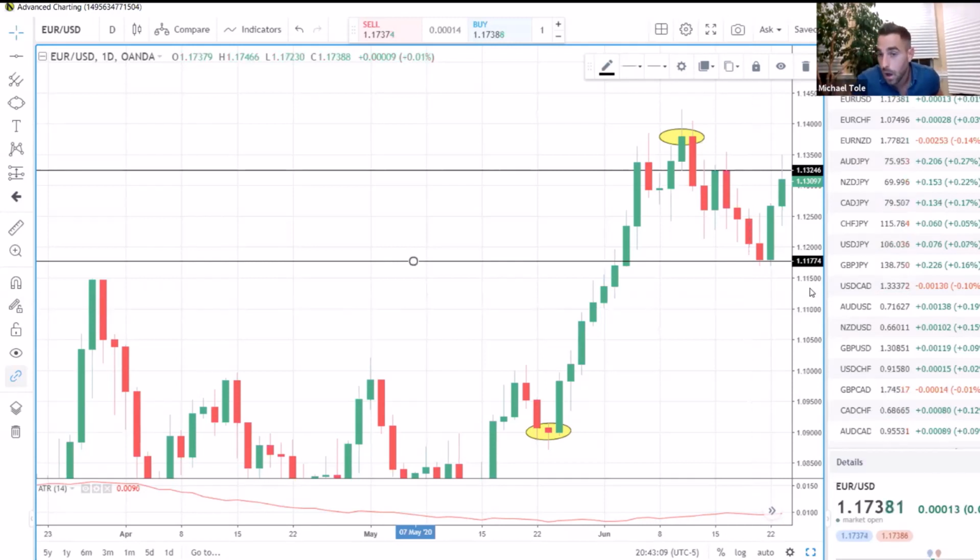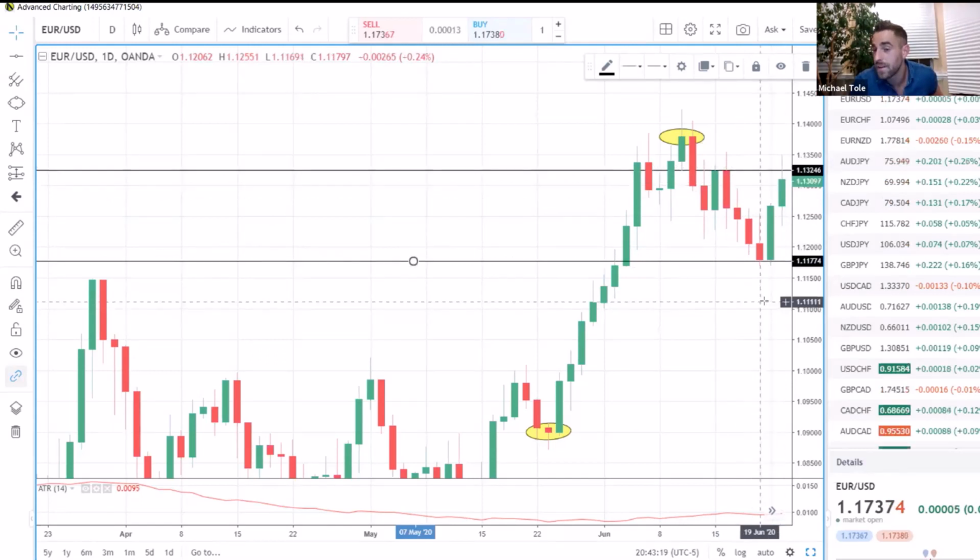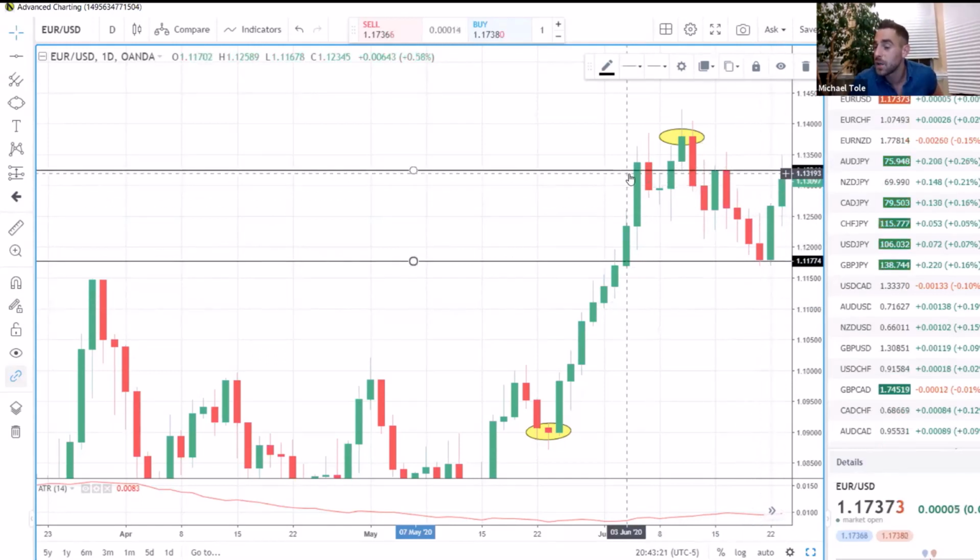One thing I want you to know: although we ignore wicks right now, if you see an example where a wick did trade up above, I'm not saying you can't trade it, but be very cautious. Although it didn't close above, it has shown that price did move up above.